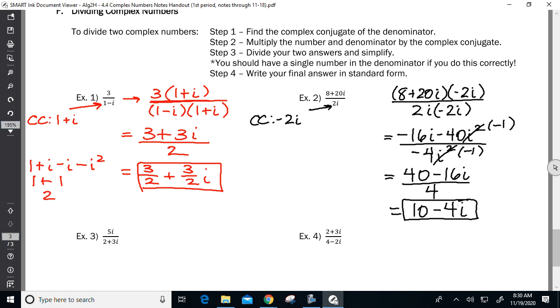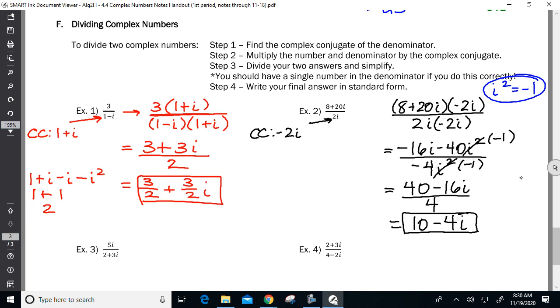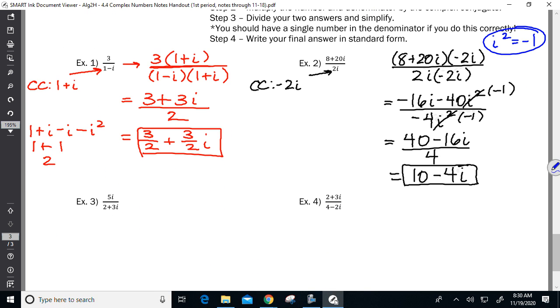So that's the standard rule for complex numbers. That's a property. i squared is always equal to negative 1. So yesterday, when we started complex numbers, i is equal to the square root of negative 1, that means i squared would be the same thing as the square root of negative 1 squared.